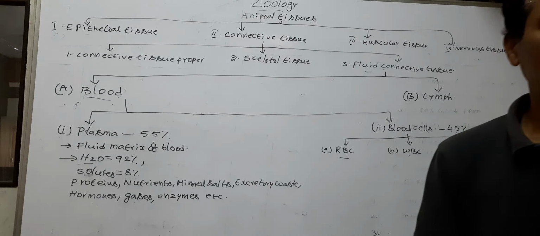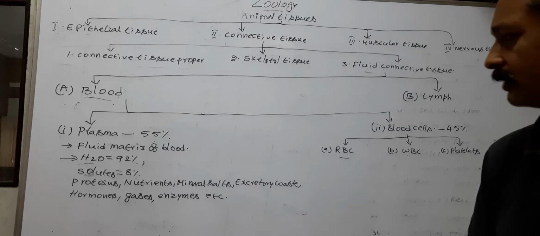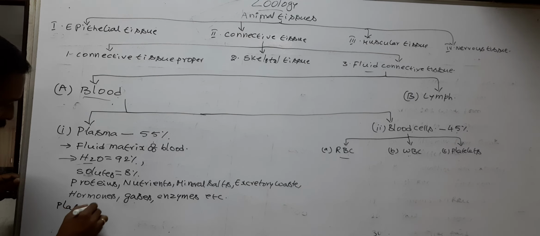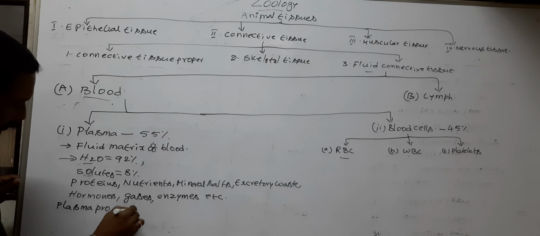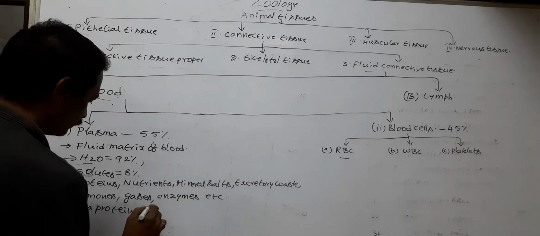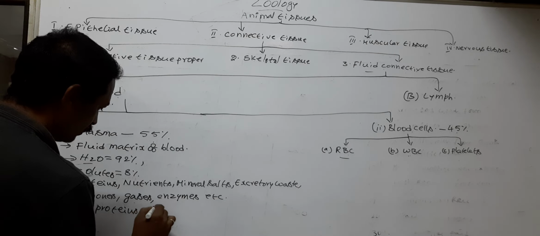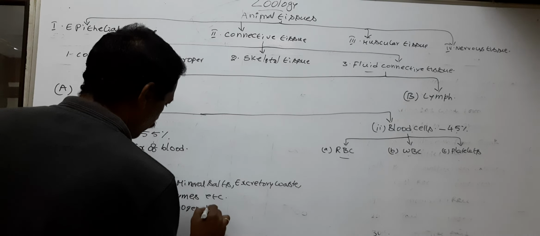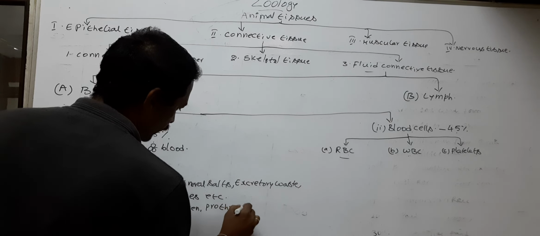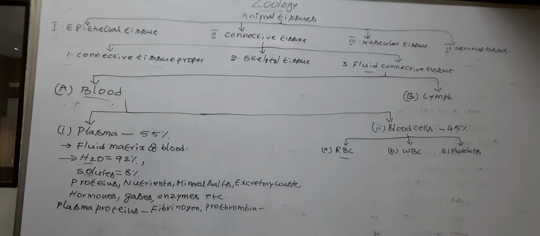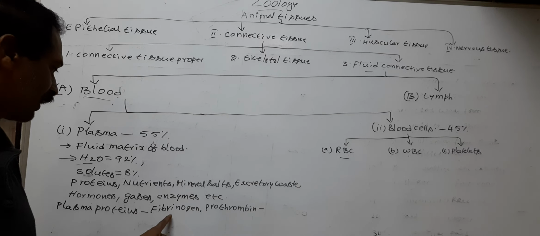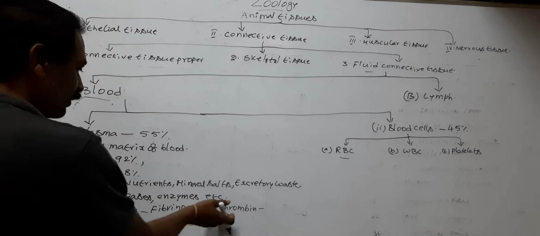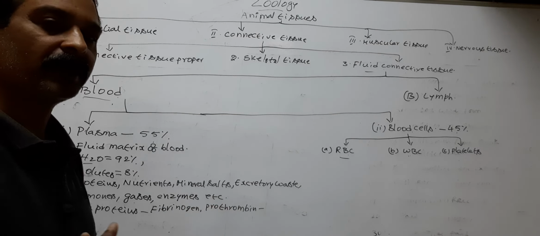The plasma proteins are fibrinogen and prothrombin.